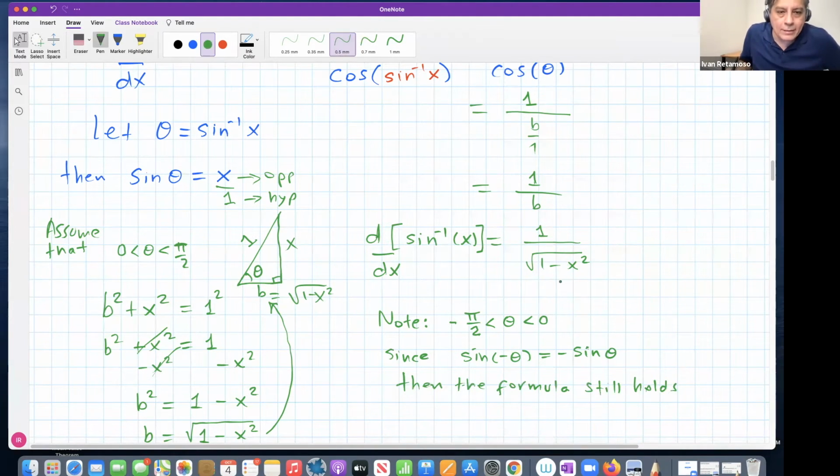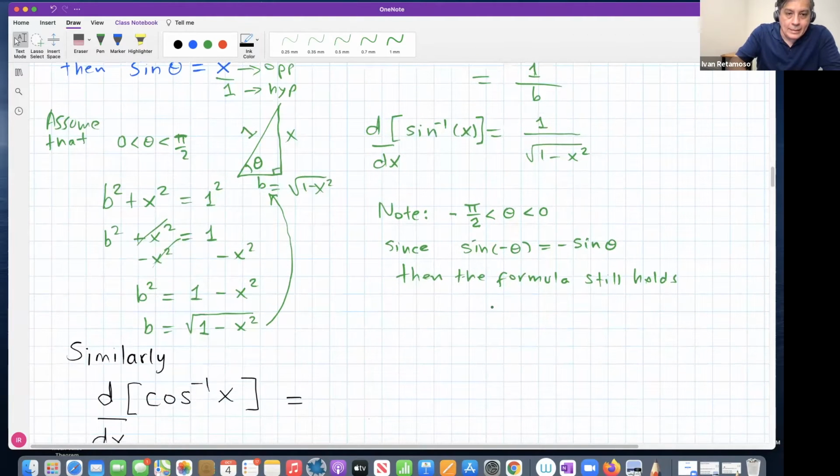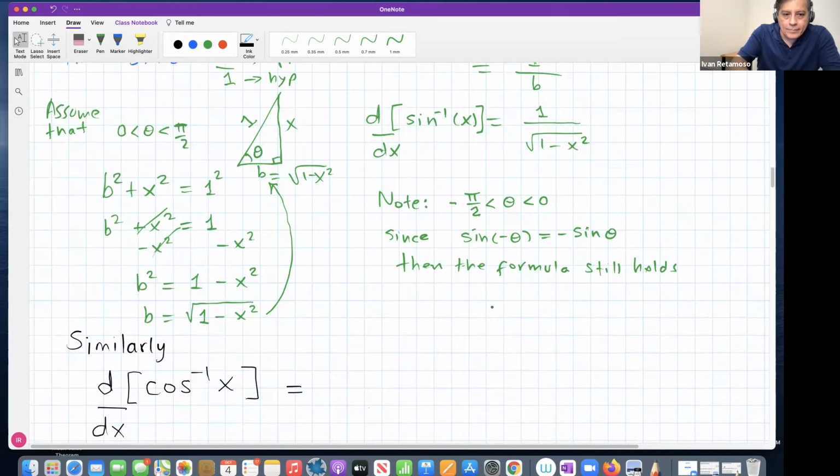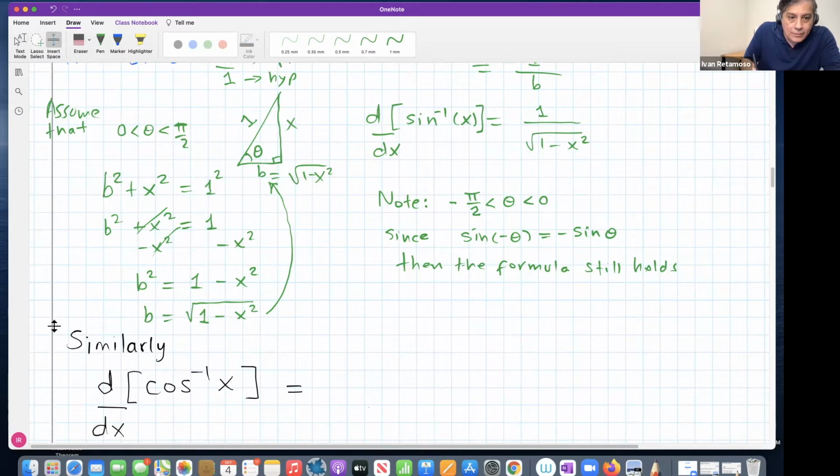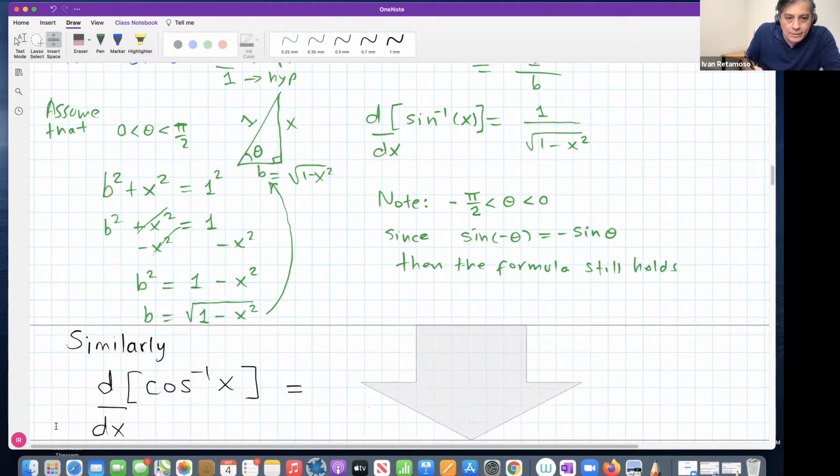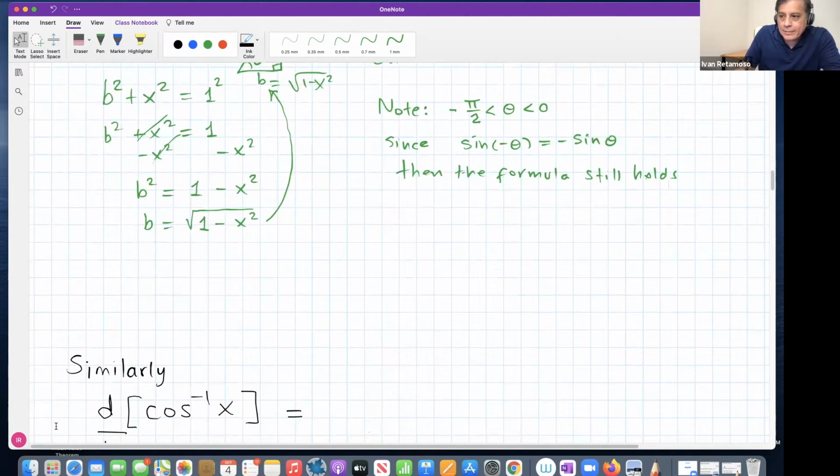The only value of x that is going to give us trouble is 1, right? But look at this construction, x can never be 1, if you're thinking of this right triangle. Yeah, but we will write it on the side. So conclusion, guys, and I want you, from now on, to have this result, okay? From now on, don't worry too much about the demonstration, right?